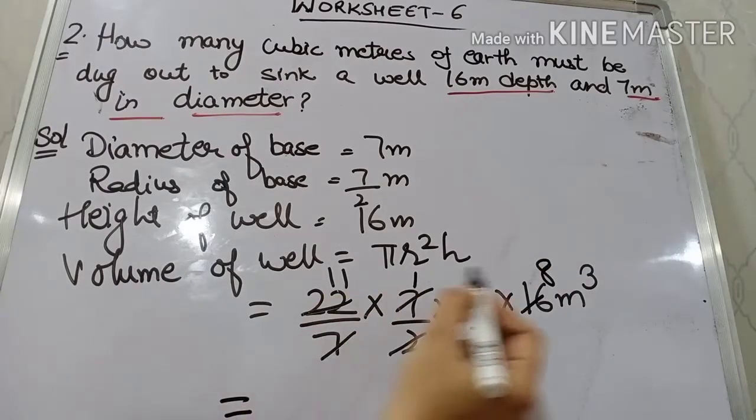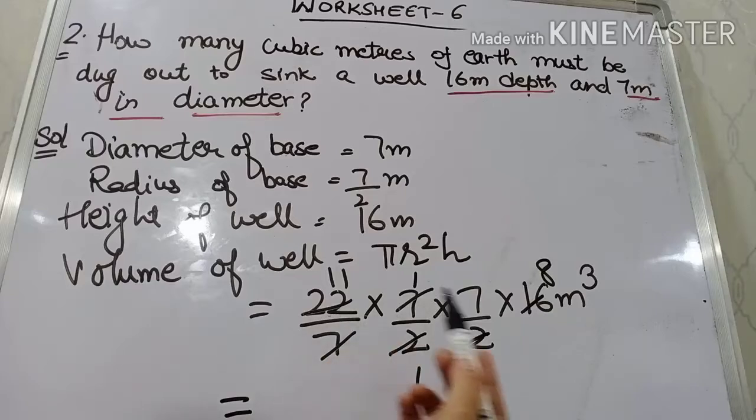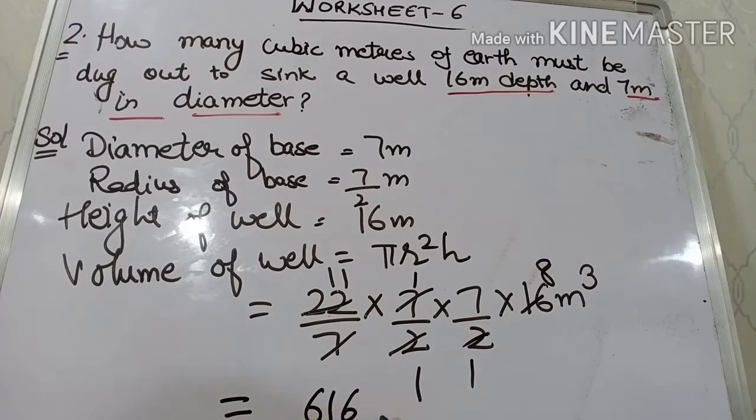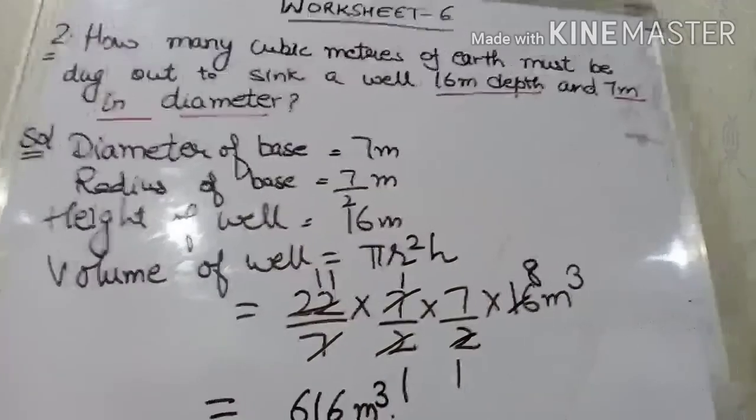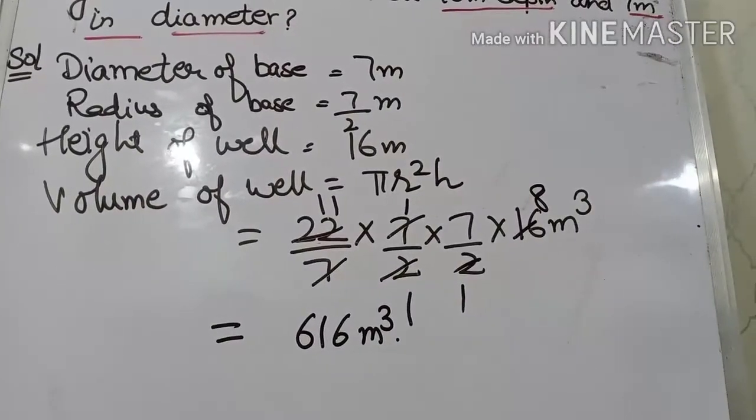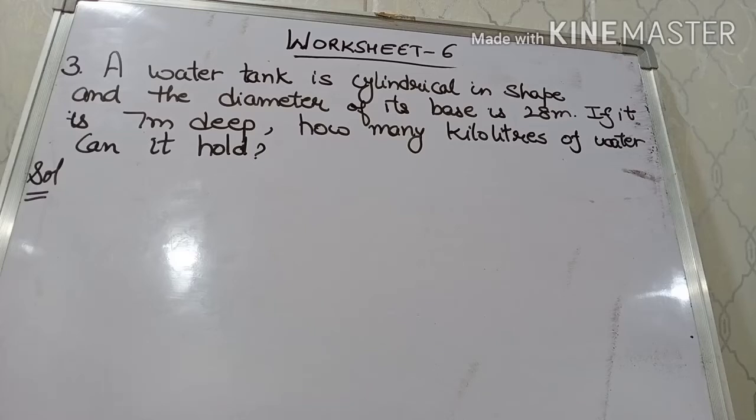So what you have to do? 88, 11 into 8, 88, 88 into 7, 616 meter cube. Hence, how much earth must be dug out? 616 meter cube. Let us solve sum number 3.